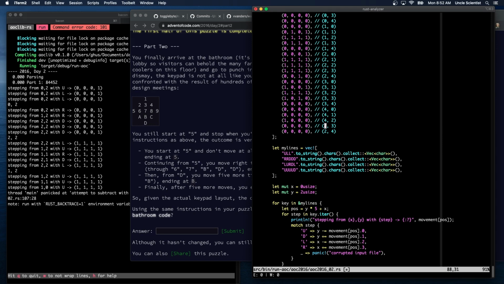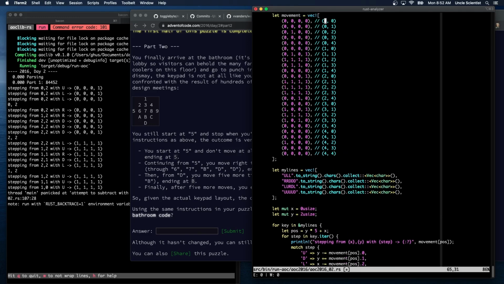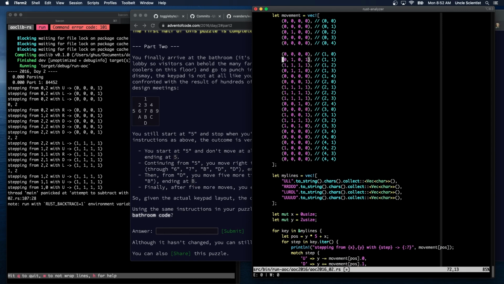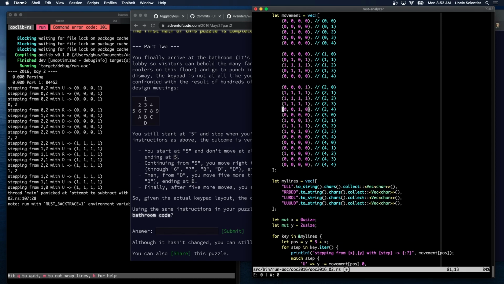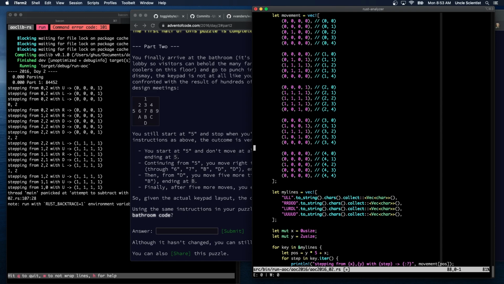And 4, 4, 4, 4, 4. Okay. So we're at 2, 2, and we're trying to go down. So 2, 2 is this line here. So it should, oh, but it pulled up the wrong value here. Do I have this array wrong? No, these are all 5s. And then this y here is y times 5 plus x.